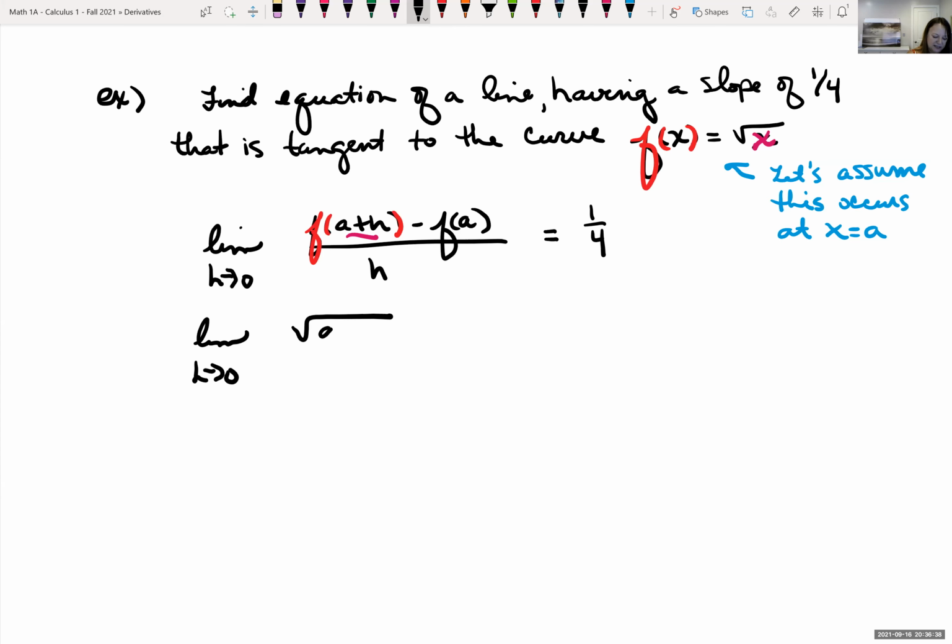Plugging in a plus h where I see an x, so square root of a plus h minus, well, f of a, so I'm plugging in a wherever I see an x. That would be the square root of a all over h. Again, we want to know when is that a quarter.